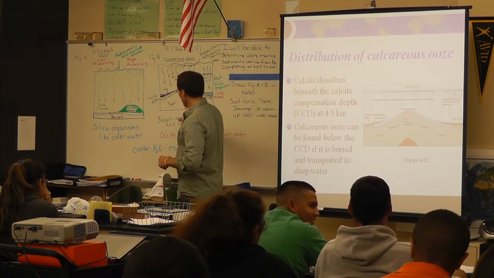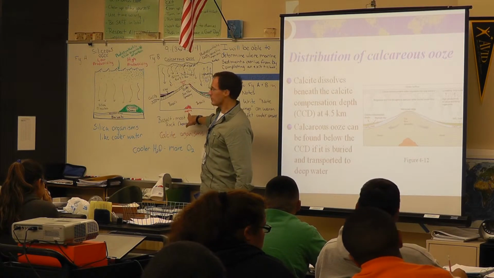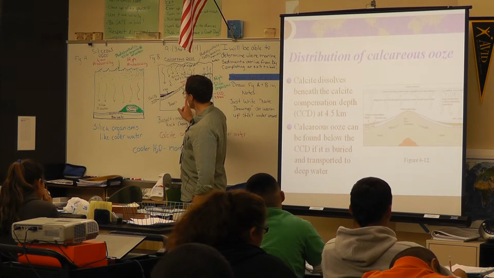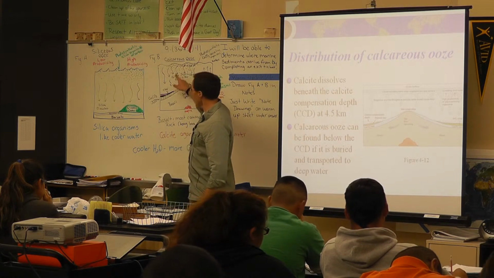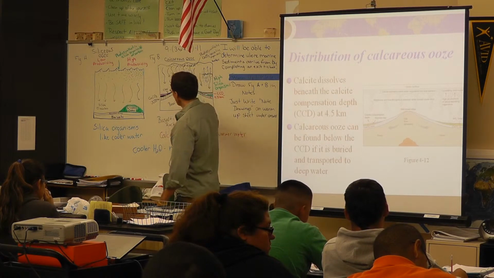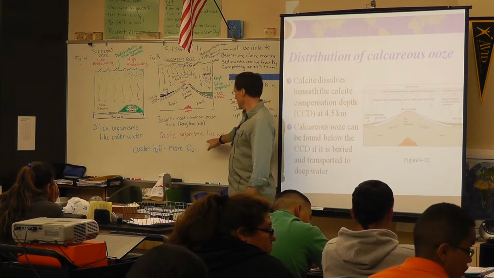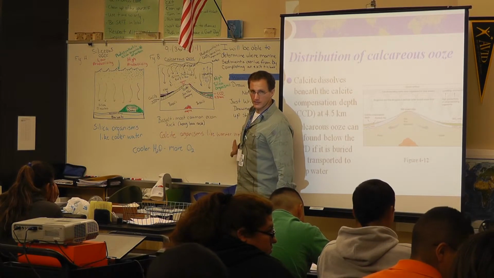Good. So what do we have underneath it that's coming up? We have magma. As magma is coming up, is it going to warm the water around it? Yes, it is. Well, it's good because calcite likes warm water.